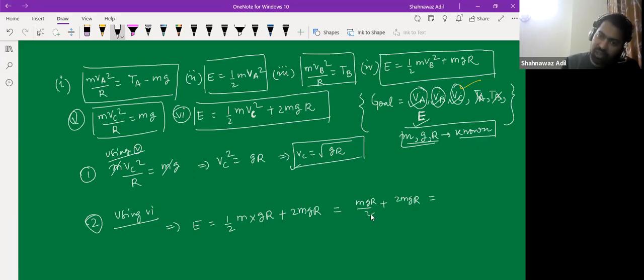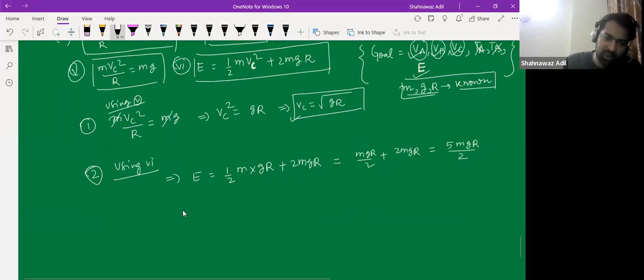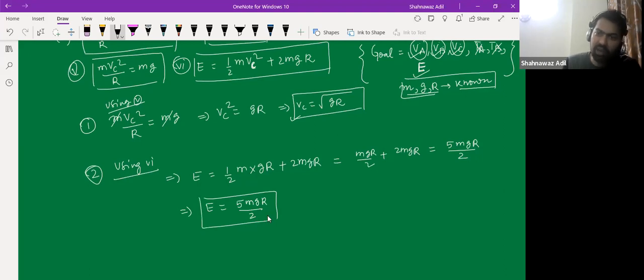So this is 4 plus 1, 5 mgR by 2. So this would be the total energy of this system, right? Good. This is the total energy.